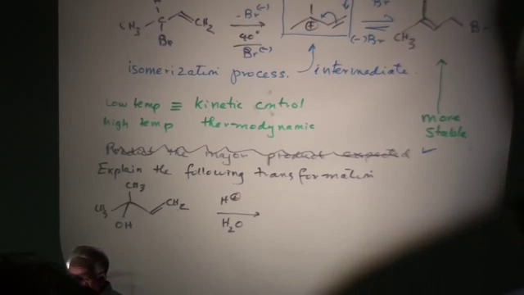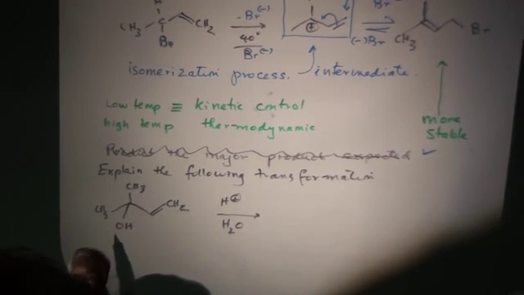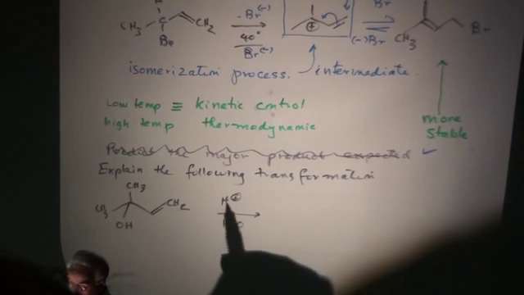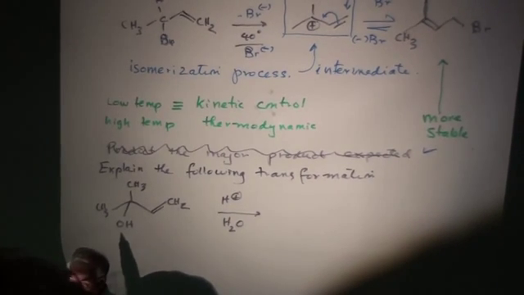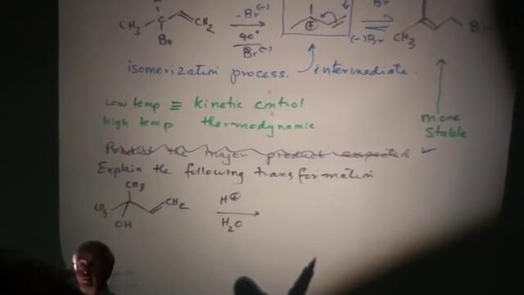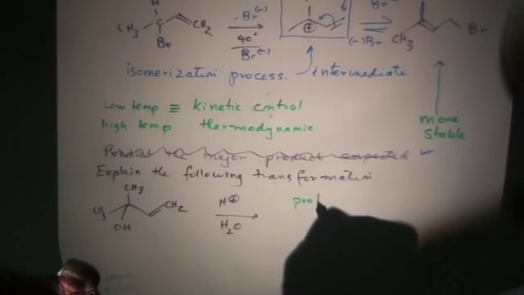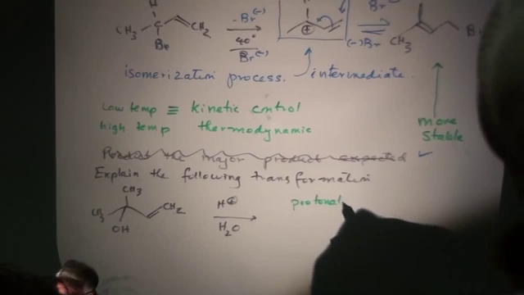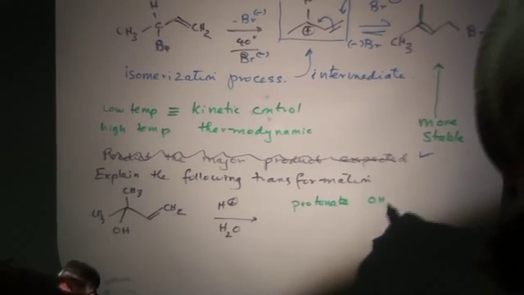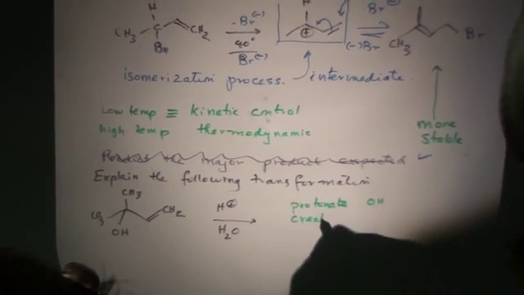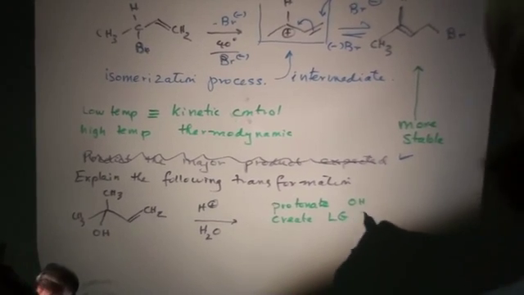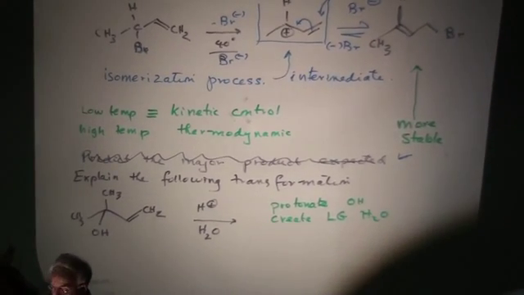What I'd like you to imagine is, gee, this is an alcohol. It's going to protonate. It's going to create a leaving group. So we're going to protonate the alcohol. Create a leaving group, which will be H2O.